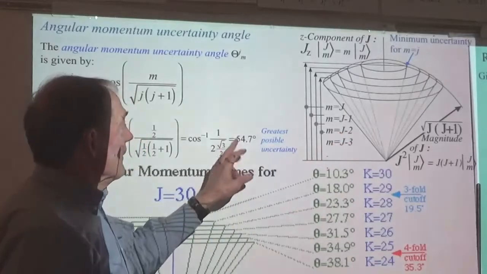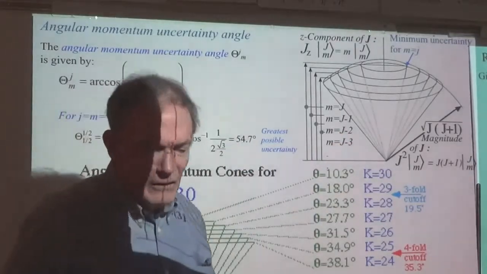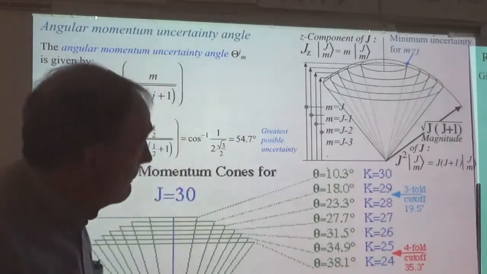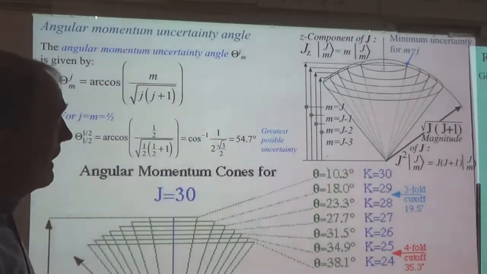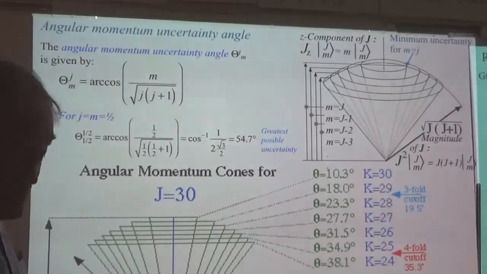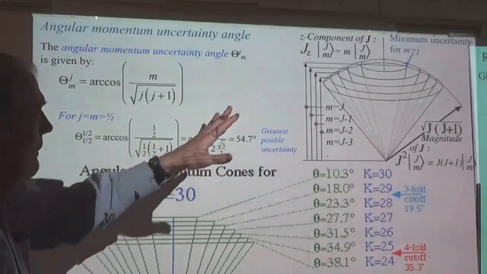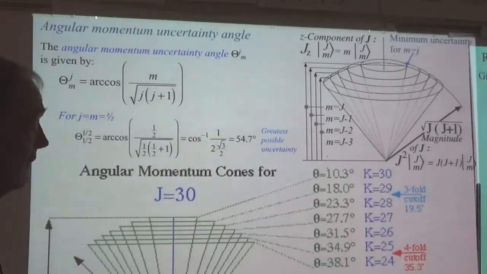So that is an angle worth keeping in mind. But that's the biggest it gets for spin up or spin down, and there are only 2 states for spin a half. So we usually don't talk about this, but it's valid there as well to know that.